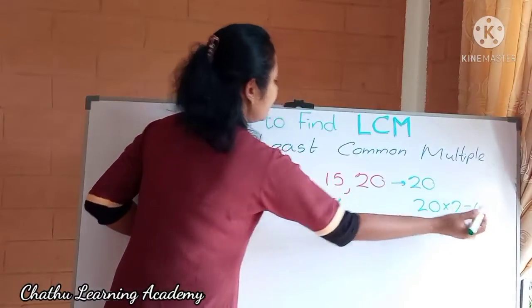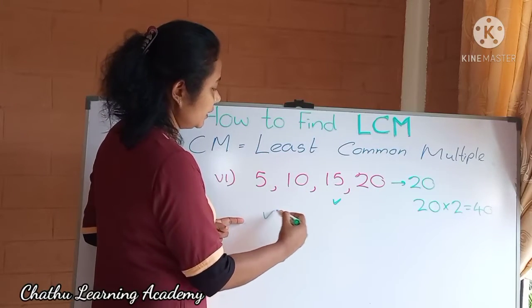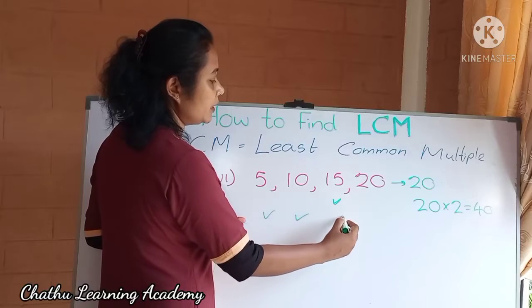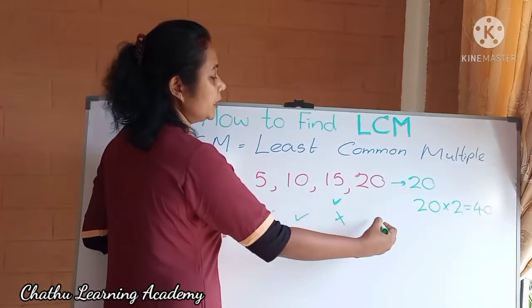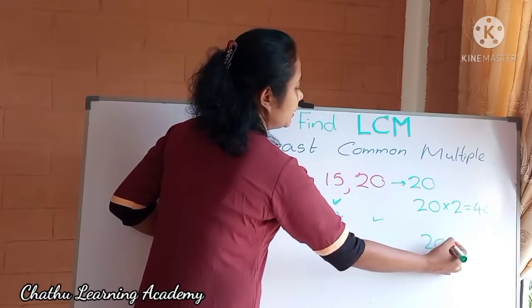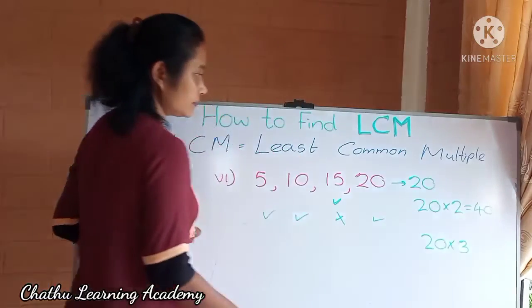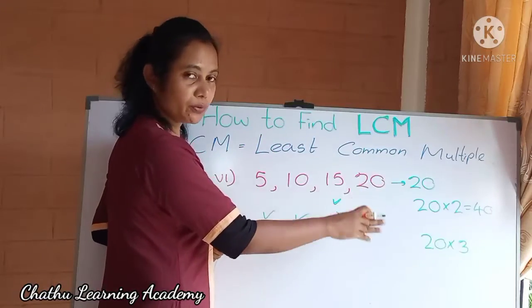Now you can check whether 40 is a multiple of these numbers. Here it's correct. Here also correct. But here it's not a multiple of 15. Here also correct. If it is not a common multiple, then we move to the next step.